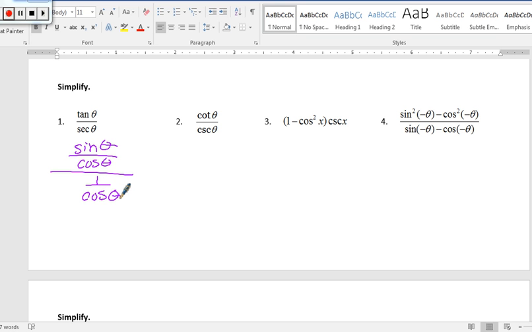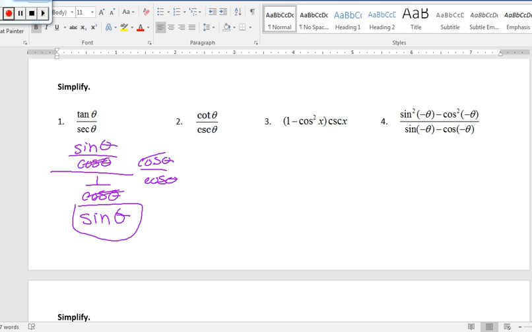Since both of these are in the denominator, we can cancel these out because if we multiplied by cosine theta over cosine theta, they would cancel out, and what we're left with here is sine theta.